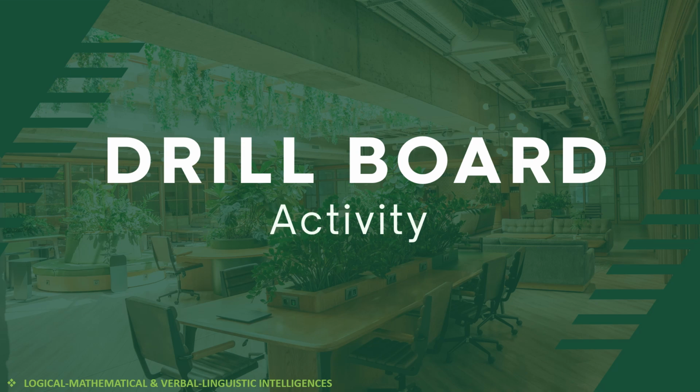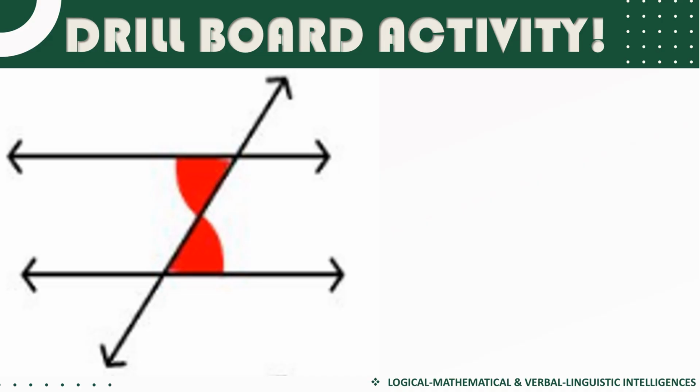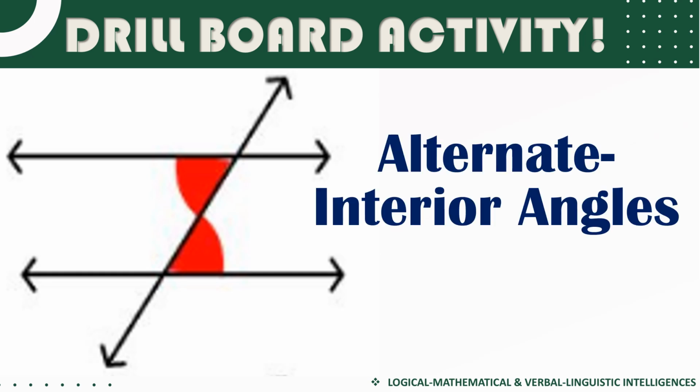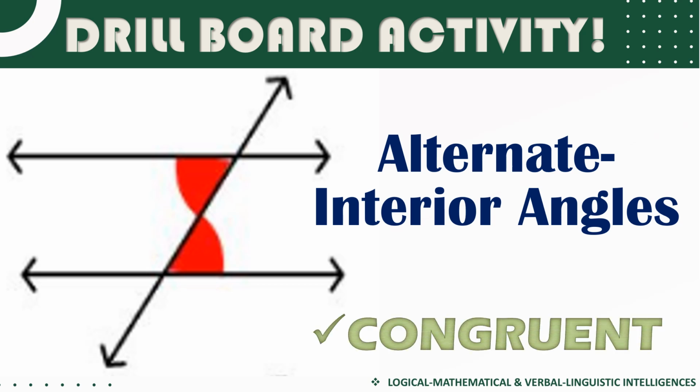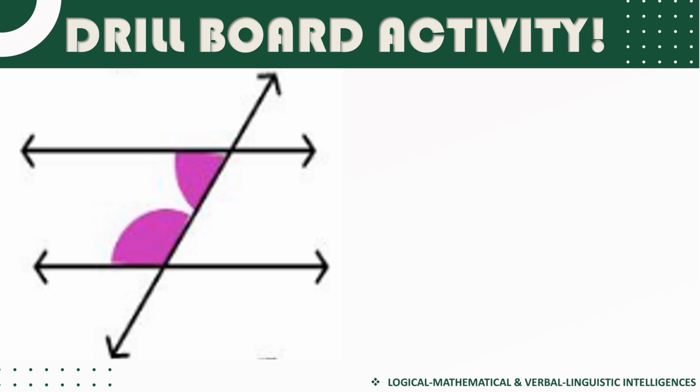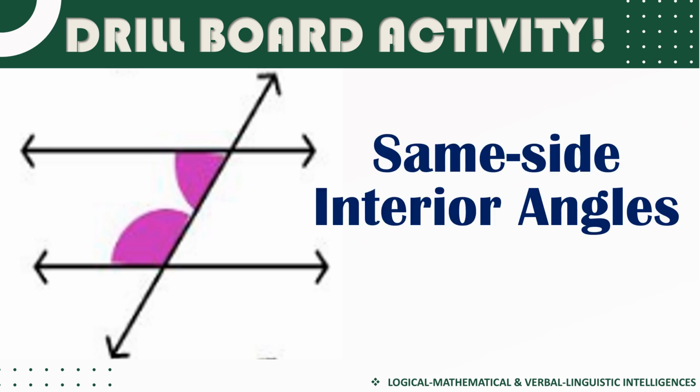Now, let's have a short drill board activity. I'd like you to identify what particular angle pair is being highlighted. In here, we do have alternate interior angles. Very good. Take note, alternate interior angles have congruent measures. How about this? This is same side interior angles.